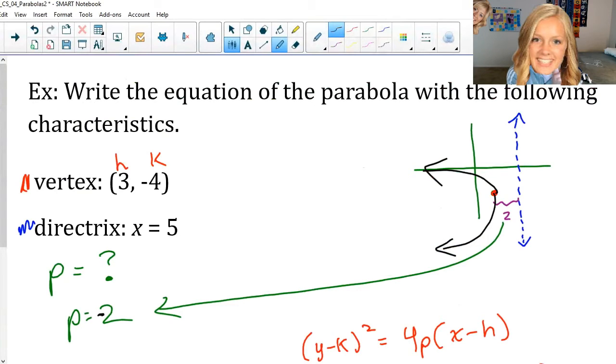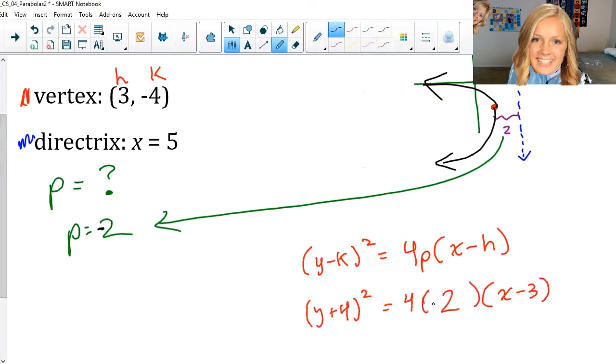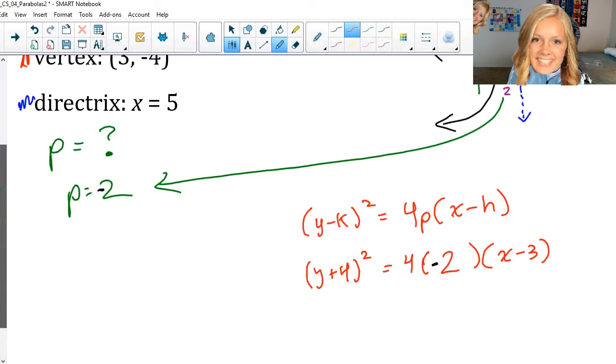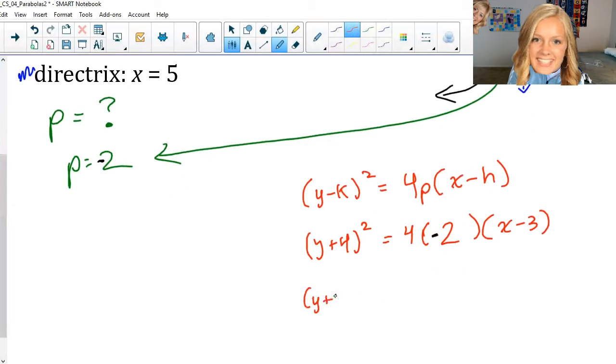Think about, does that need to be a positive value or a negative value? In this case, it needs to be negative since it's opening up to the left. So negative 2. (y plus 4) squared equals negative 8 times (x minus 3).